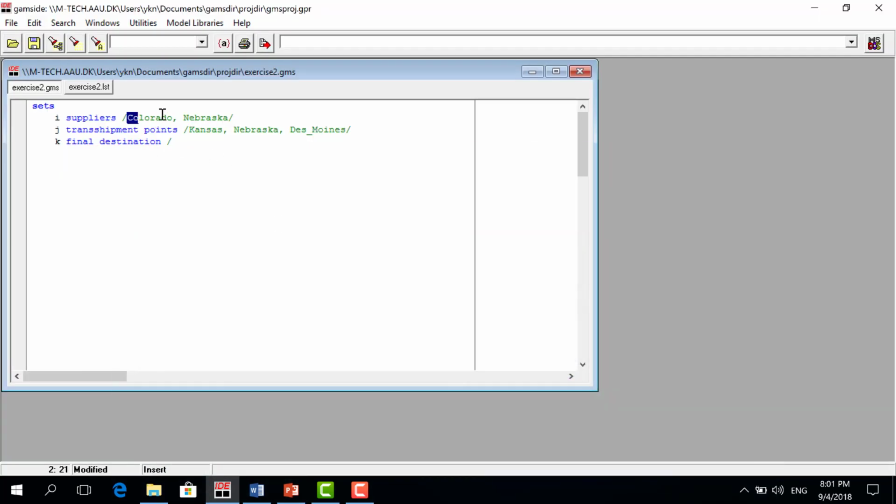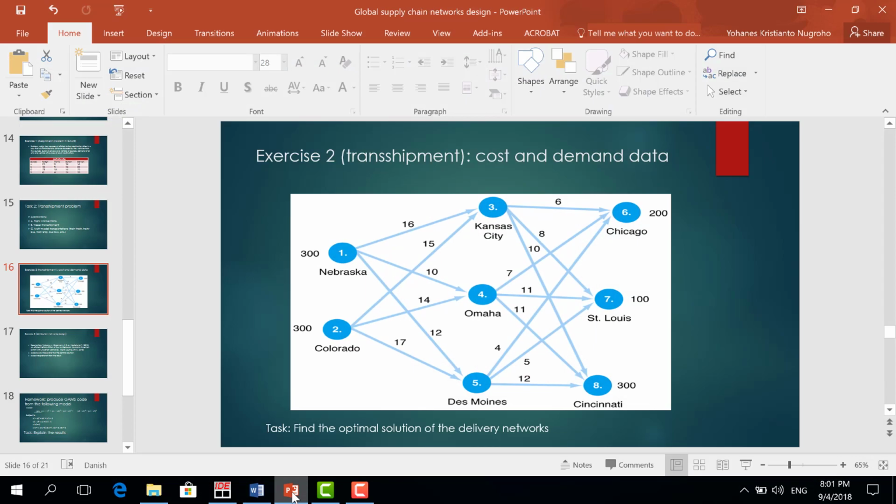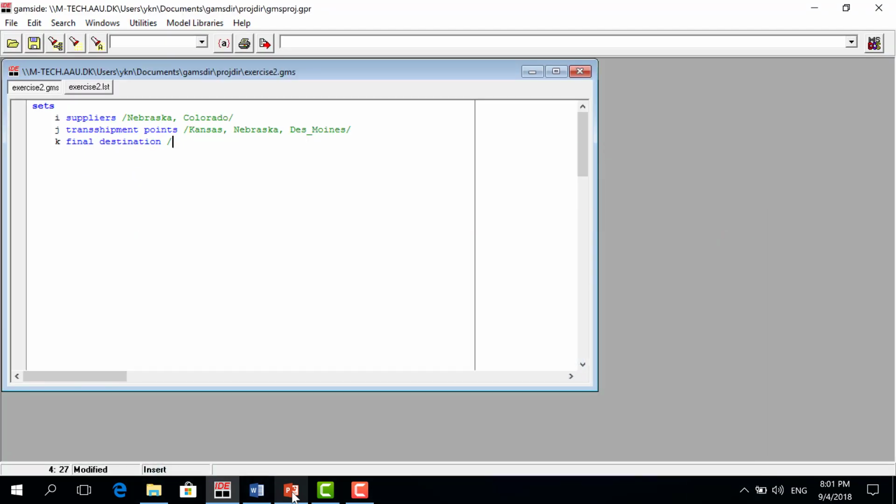Sorry, I think we have to reverse the sequence of Nebraska and Colorado. Okay, we have final destination here, Chicago, St. Louis, and Cincinnati. And do not forget to put semicolon.